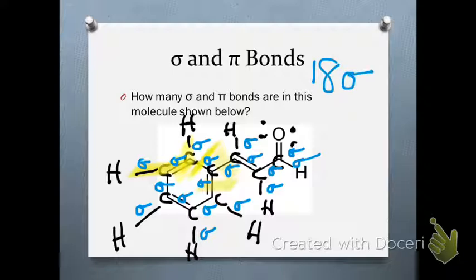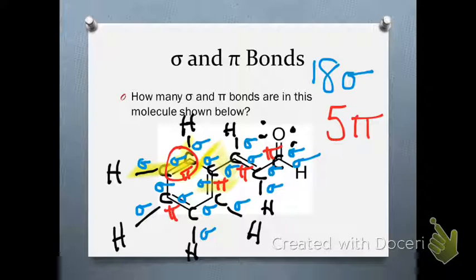And then for pi, the only ones we didn't label were the double bonds. So if you notice, over here I labeled the top line as a sigma, but the bottom line is now a pi. So I have 1 pi, 2 pi, 3 pi, 4, 5 pi. So my answer would be there are 18 sigma bonds and 5 pi bonds.